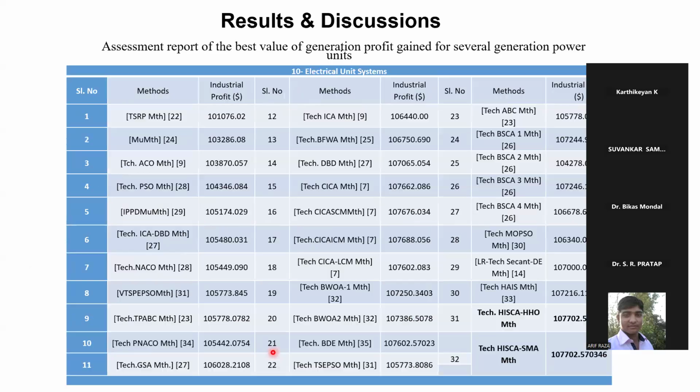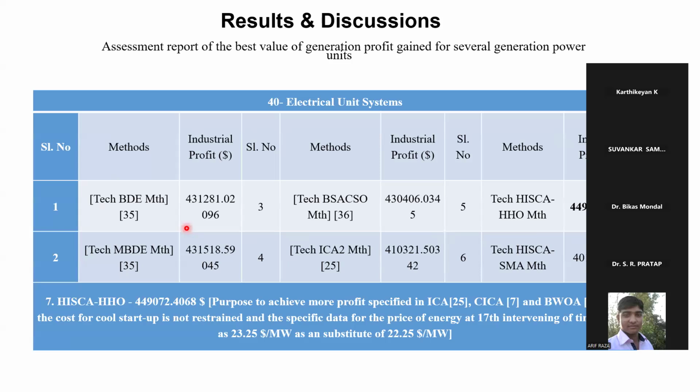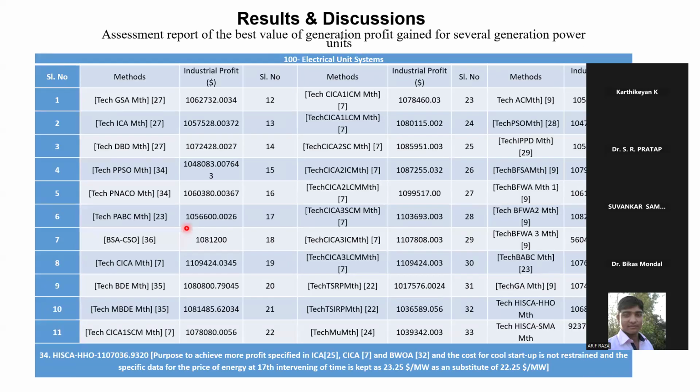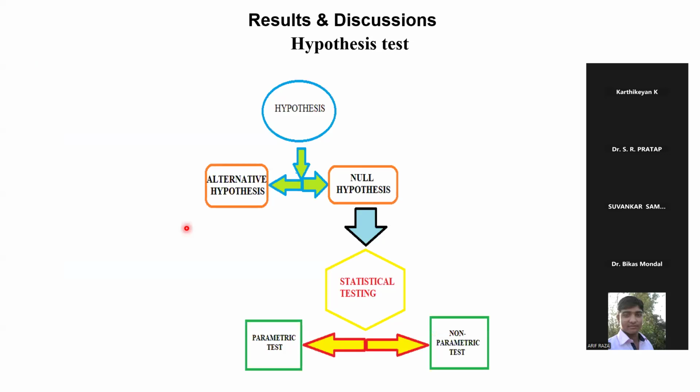When we compare our best profit to other optimization methods, we find that our metaheuristic hybrid optimizer has more profit than the existing hybrid optimizers. So we can say that our experiment is feasible and better than other existing hybrid optimizers. We also did hypothesis tests, the alternative hypothesis and the null hypothesis, and some statistical parameter tests.